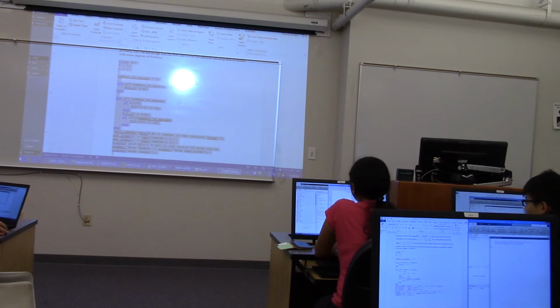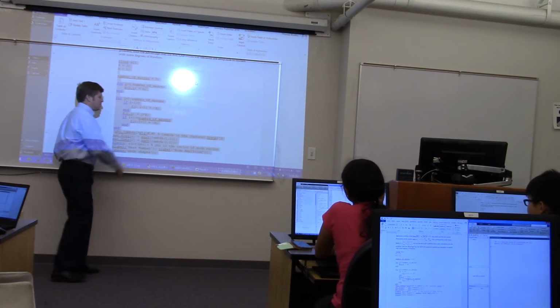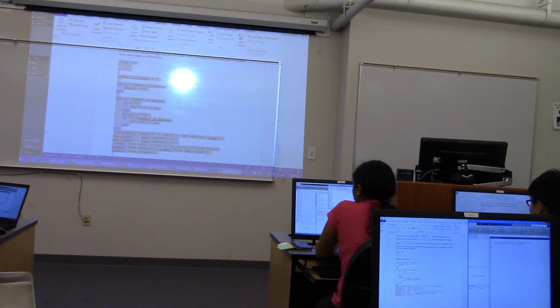The K matrix, the stiffness matrix, had values along its diagonal that were, K sub i is positive 2K, minus K, minus K. So that's all this does.